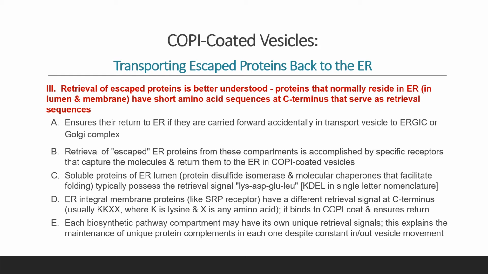So the ER integral membrane proteins like the SRP receptor have a different retrieval signal at the C terminus, and it binds to the COP1 coat and ensures its return. Okay? So each biosynthetic pathway compartment may have its own unique retrieval signals, which explains the maintenance of unique protein complements in each one despite constant in and out vesicle movement.